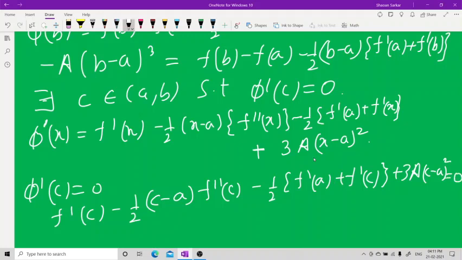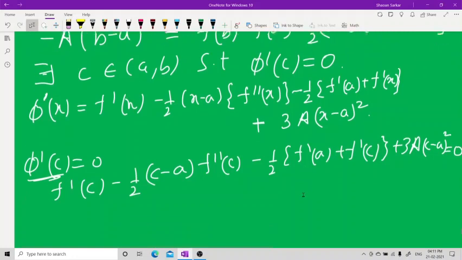This is the condition. Now I told you to take phi dash x as hx.